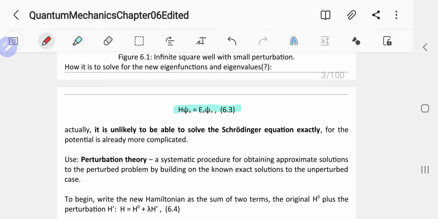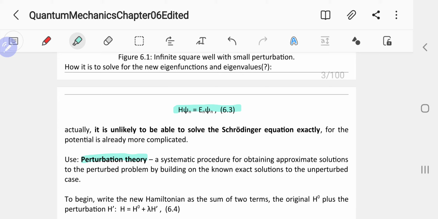So we use perturbation theory. This is a systematic procedure for obtaining approximate solutions to the perturbed problem by building on known exact solutions to the unperturbed case. That's why the superscript 0 there denotes the original, unperturbed Hamiltonian and energies.